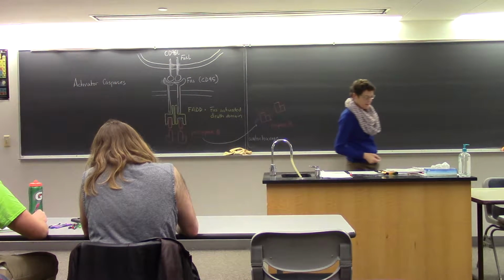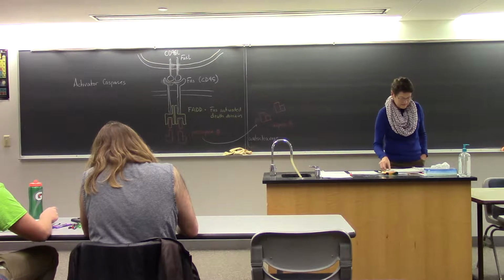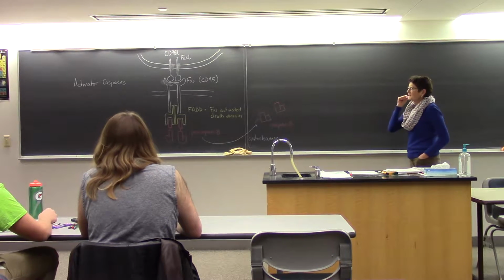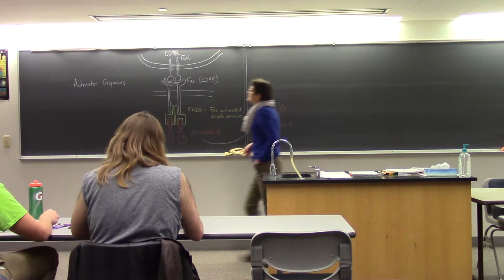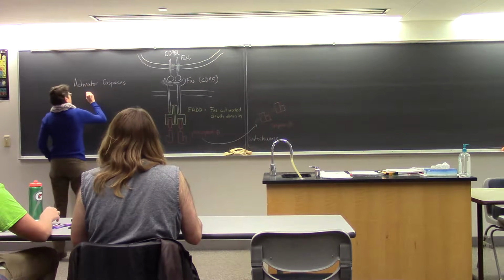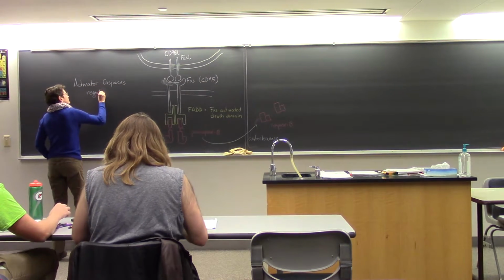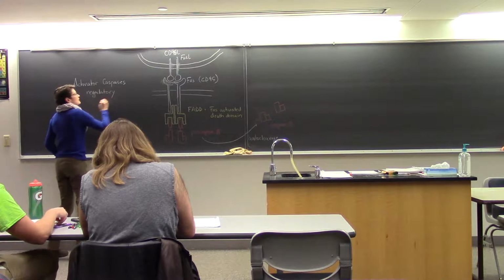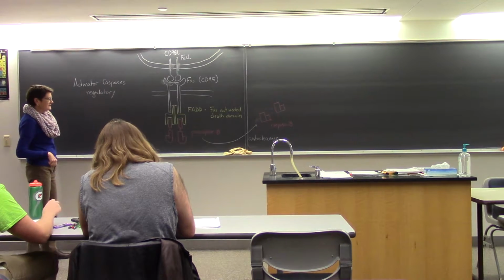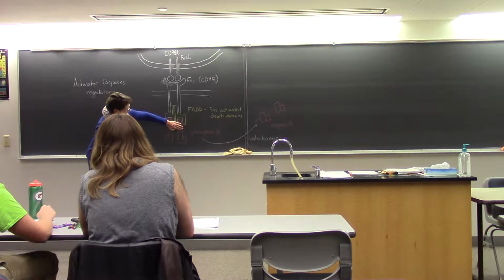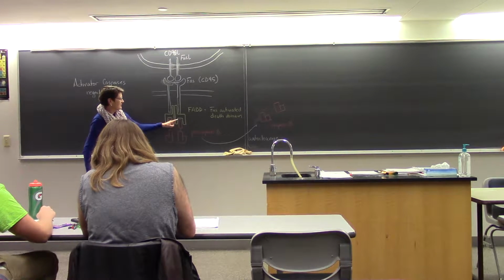So some caspases, like procaspase 8, and I forgot my math, I can't remember if the activator caspase is correct. These are regulatory caspases. They have, in addition to the caspase domain, a regulatory domain.